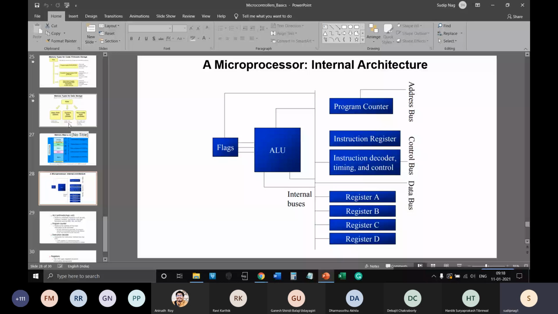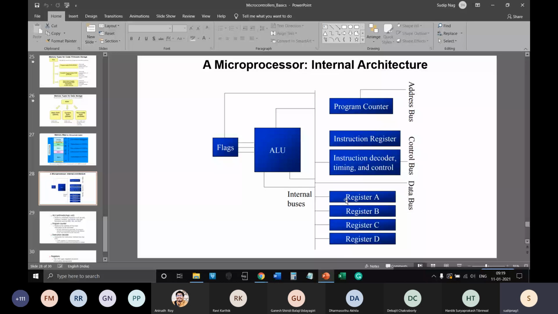So very few registers are there, which actually have no difference from RAM, but their physical presence is very close to this instruction decoder and all these other blocks. So it's a little SRAM which is present within the microprocessor.